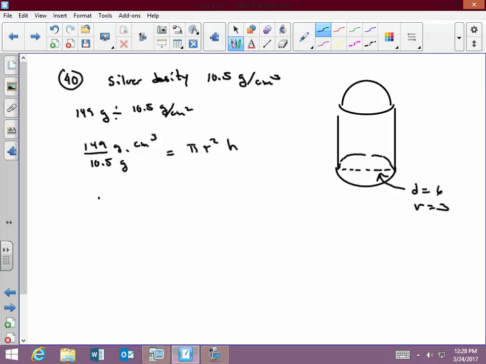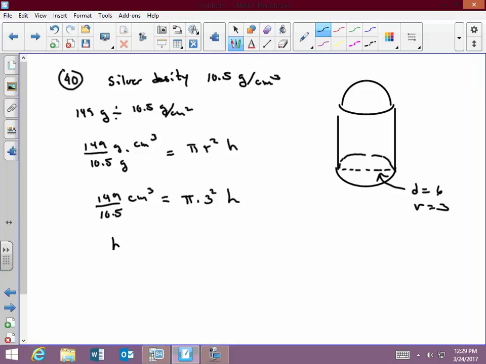So that's 149 over 10.5 centimeters cubed equals pi times 3 squared times h. H we wouldn't know. That would be the height that it would rise in that glass. Right?